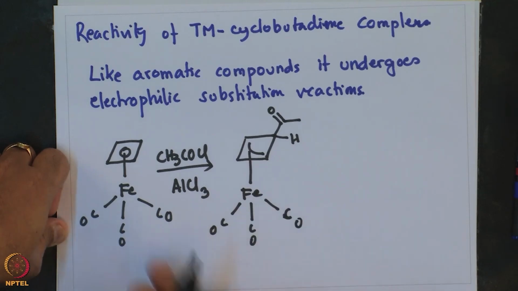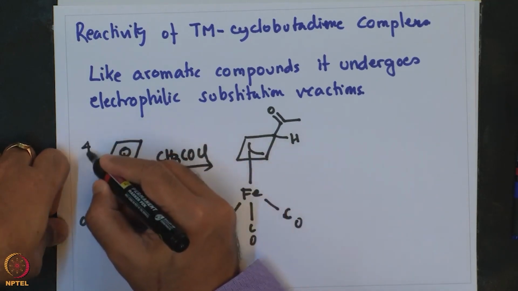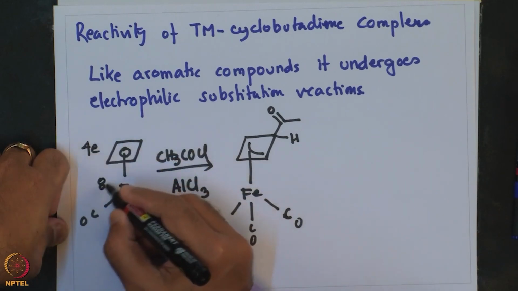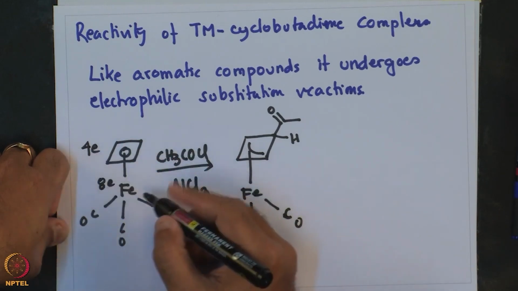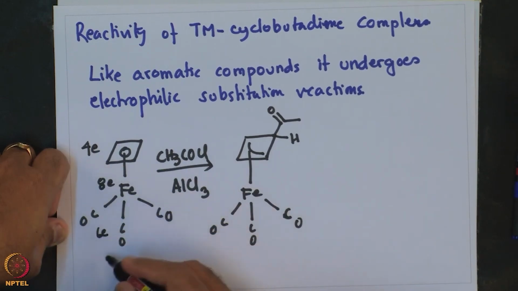Needless to say, both of these are 18 electron compounds. For example, 4 from cyclobutadiene, then 8, so overall making 12, and 6 electrons from 3 COs, so 12 plus 6, 18.